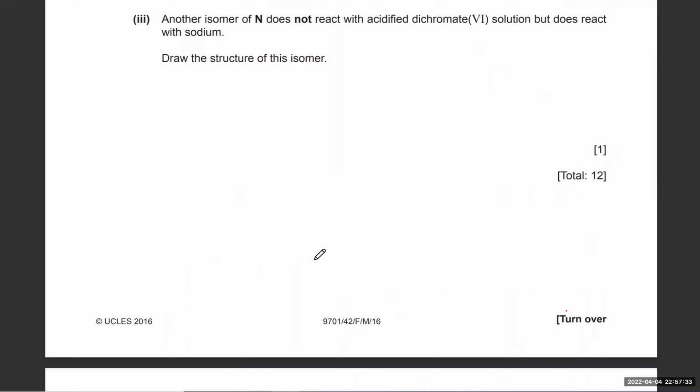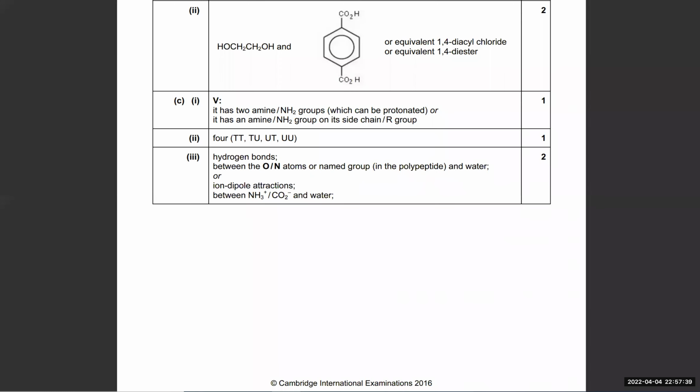Yes, sir. Sir, last question, what was the second point in the marking scheme? Name the bond between O and M. There's hydrogen bonds, and basically the 2 marks were, one was hydrogen bonds, the other one was between what groups? So he was saying between the peptide and water, the named group in the peptide.